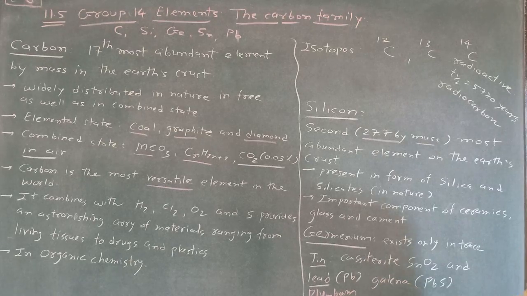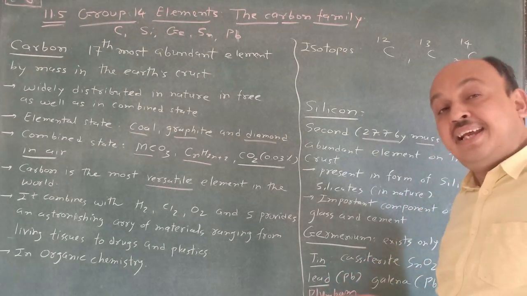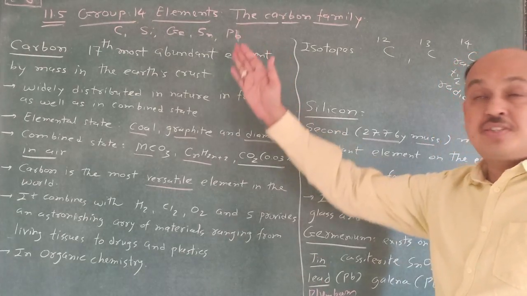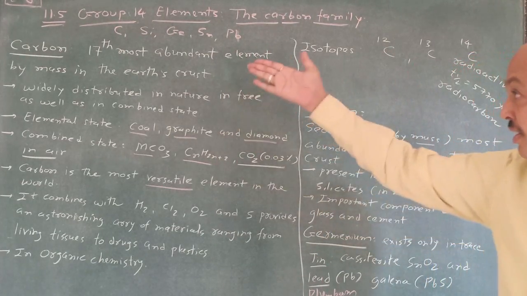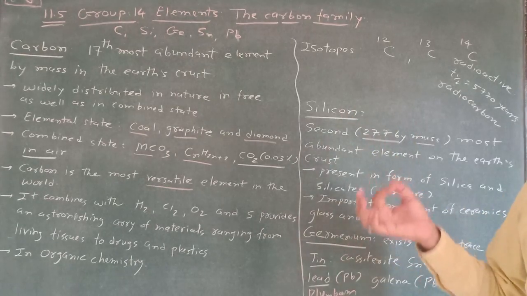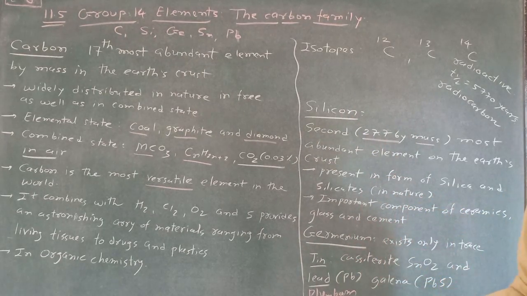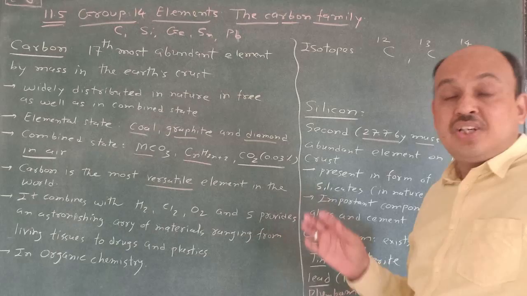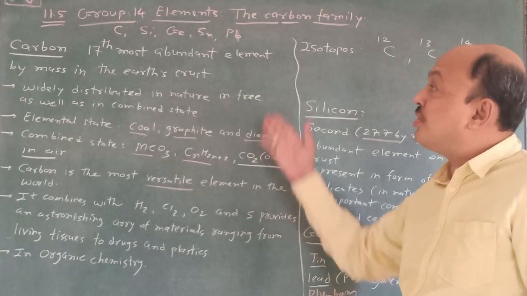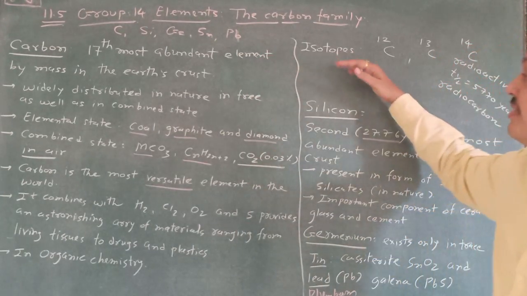So this is all about the group 14 elements: carbon, silicon, germanium, tin and lead. Remember the sequence. First of all, we learn occurrence here. Later on we learn electronic configuration, covalent radius, ionization enthalpy, and so on. So just write it completely from your NCERT book.